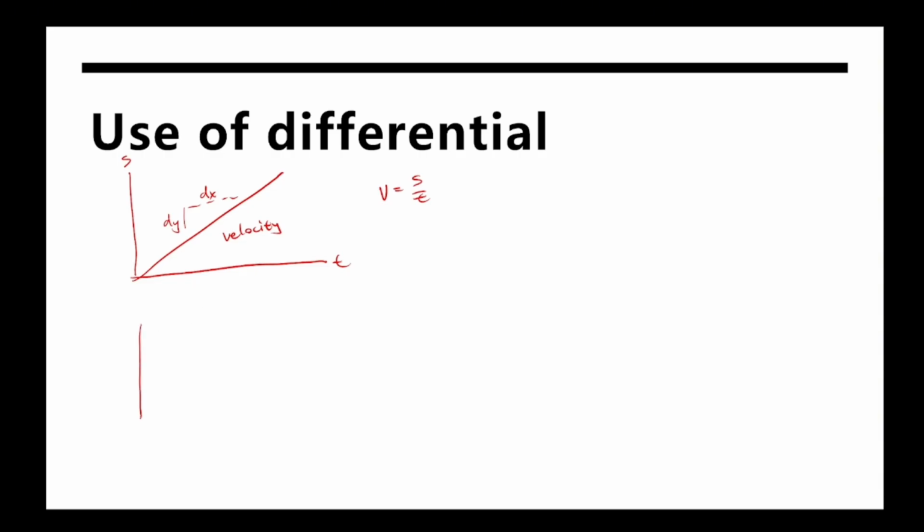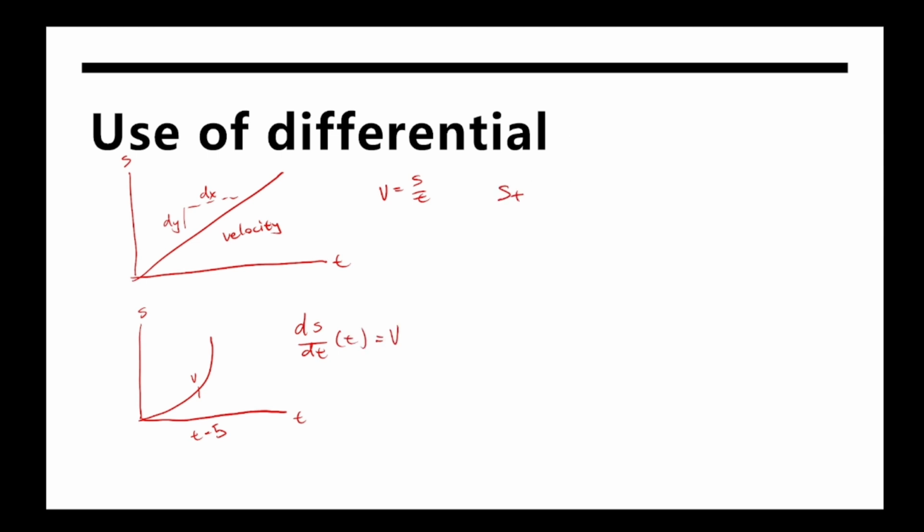But what if it's a curve? It's a curve and we want to know the instantaneous velocity here. For example, t equals 5. Then we'll just use ds/dt. We differentiate the equation and plug in t. So we'll get the velocity there.